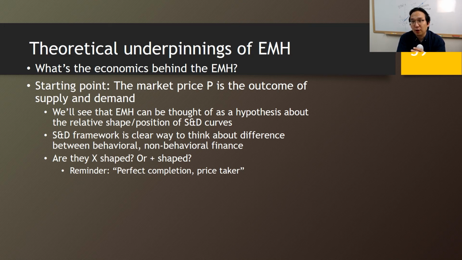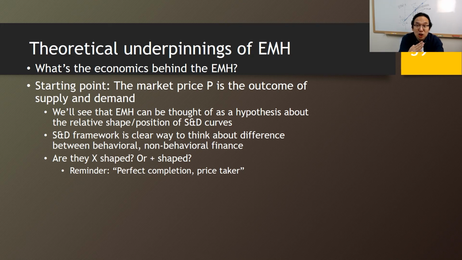As a price taker, how does it happen? Now, we'll see that the EMH can be thought of as a hypothesis about the relative shape and position of supply and demand curves. The supply-demand framework is a clear way to think about the difference between behavioral and non-behavioral finance.